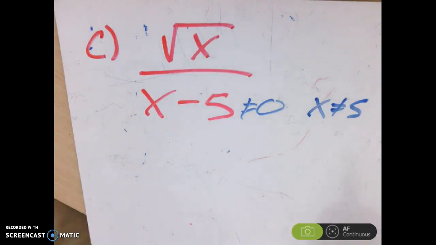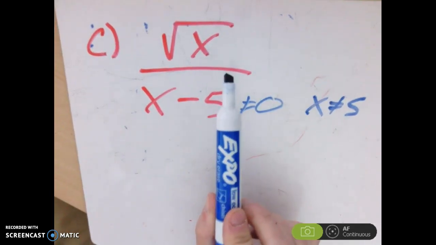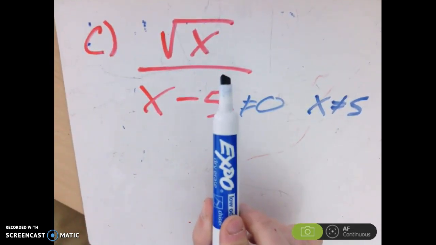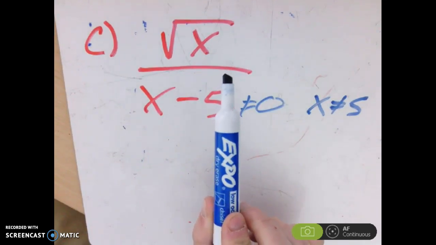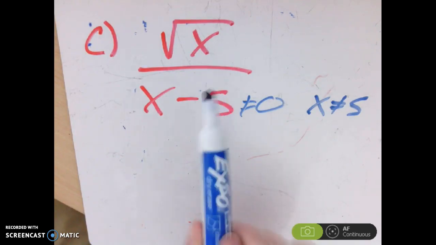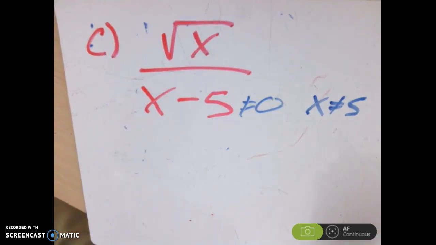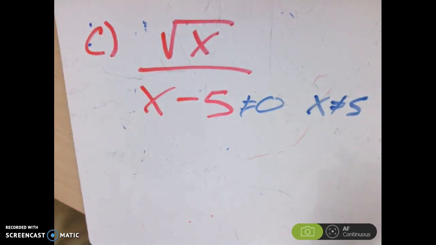Can I plug in whatever I want into square root of x and it will get me an answer? No, there are things I can't plug in, right? Can I plug in 1? Yeah. Can I plug in 0? Yes. But can I plug in -1? No, I can't, because remember, the square root of -1 is an imaginary number, and right now we're talking about real numbers. So I can't plug in a negative number.